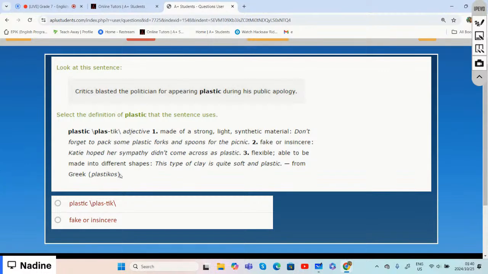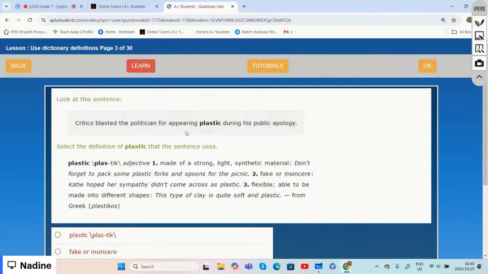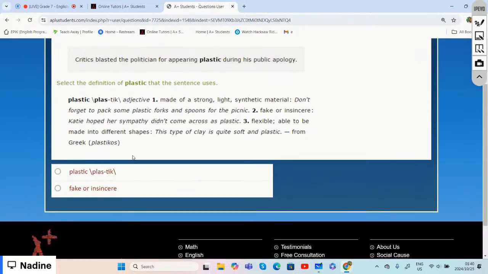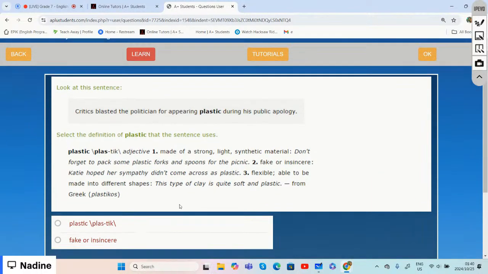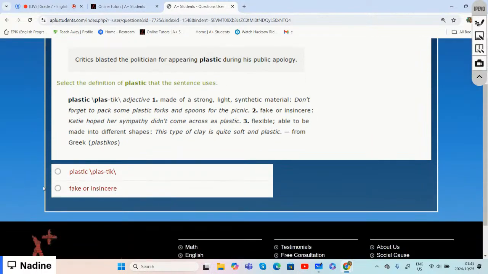So now when it comes to using our dictionary definitions, we need to select the definition of plastic.